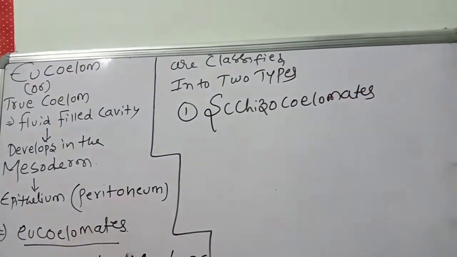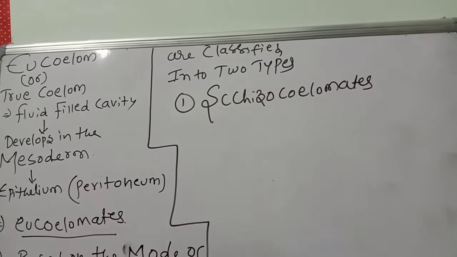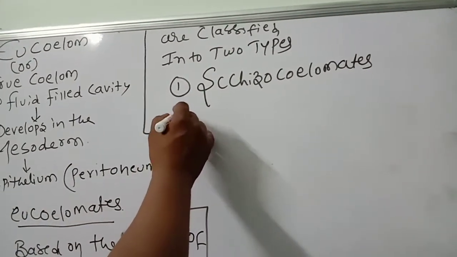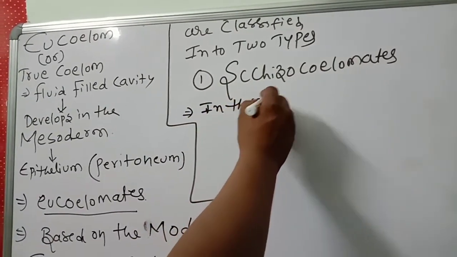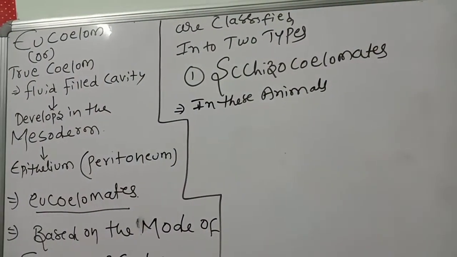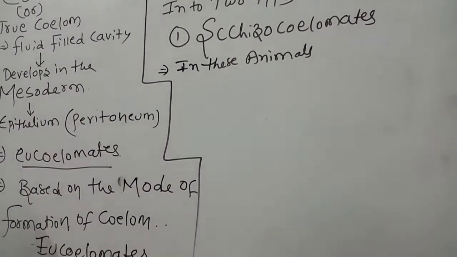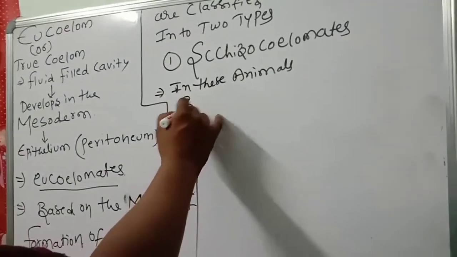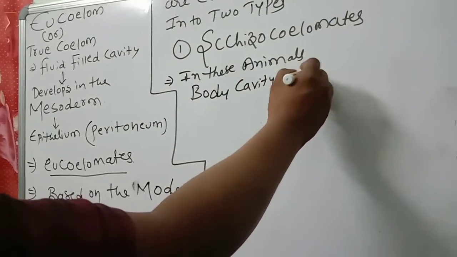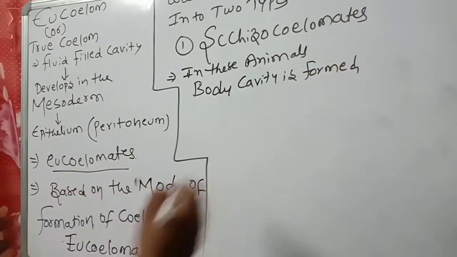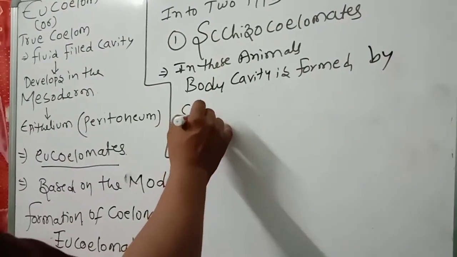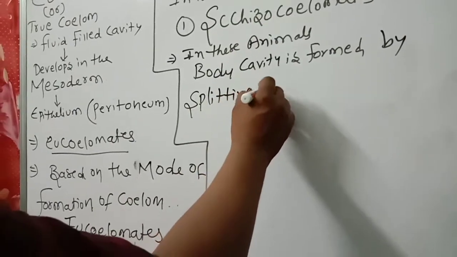What is the meaning of cytocoelomates? In these animals, the body cavity is formed by splitting of mesoderm.